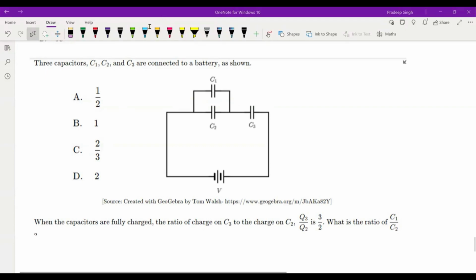So just to confirm, since C1 and C2 are parallel, the potential difference across them would be the same, right? Yes, correct.